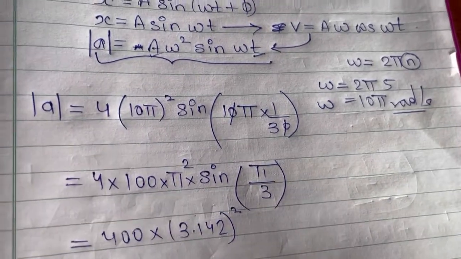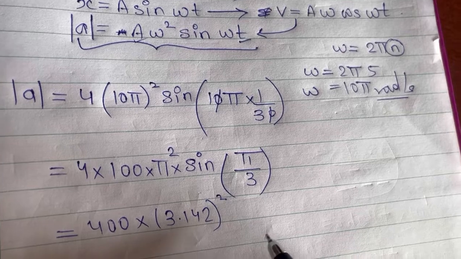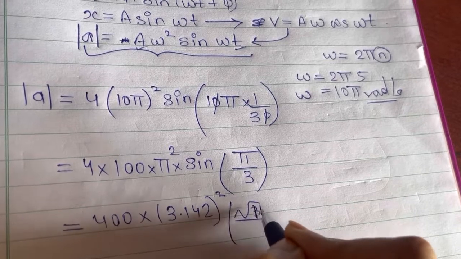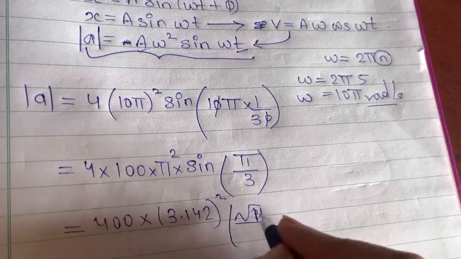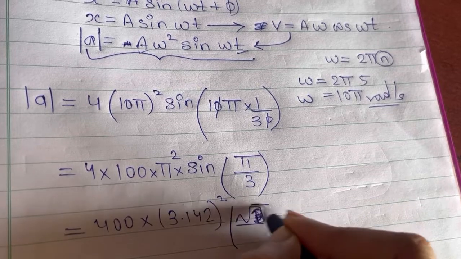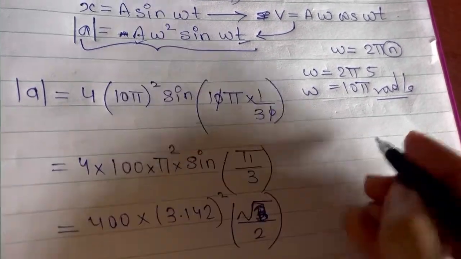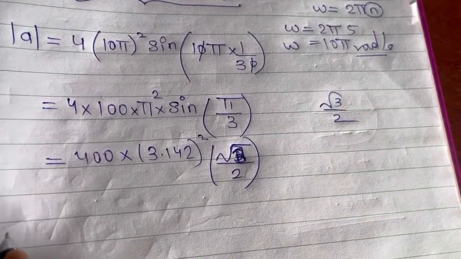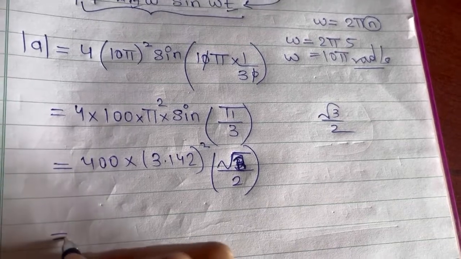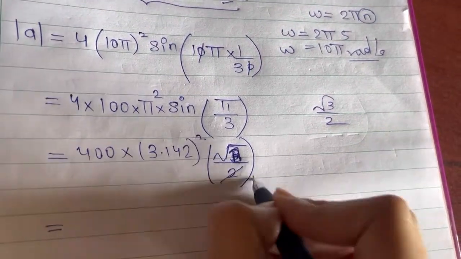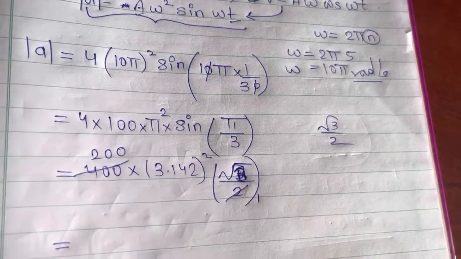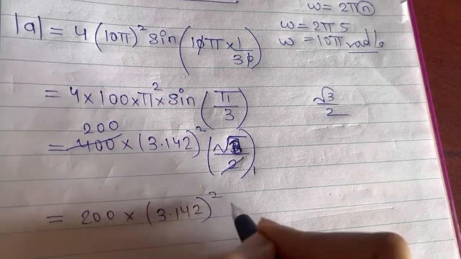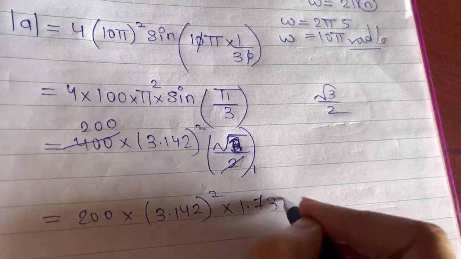Now if you don't know what is sin 60, then you will face a problem. Sin 60 is root 3 upon 2. Cancel 2 with 2, this becomes 200. Now you have 200 into 3.142 the whole square into square root of 3, that is 1.732.